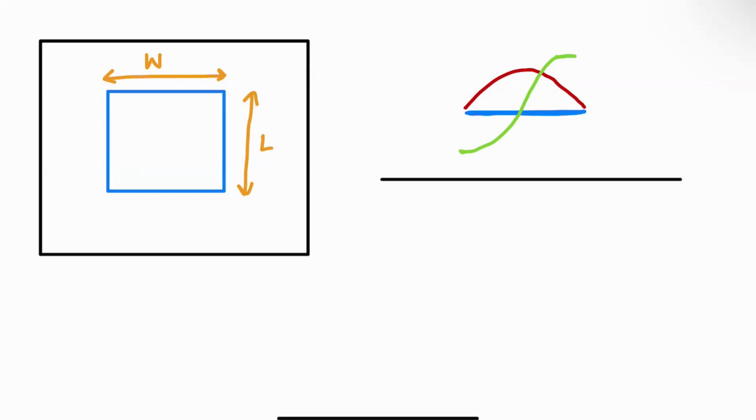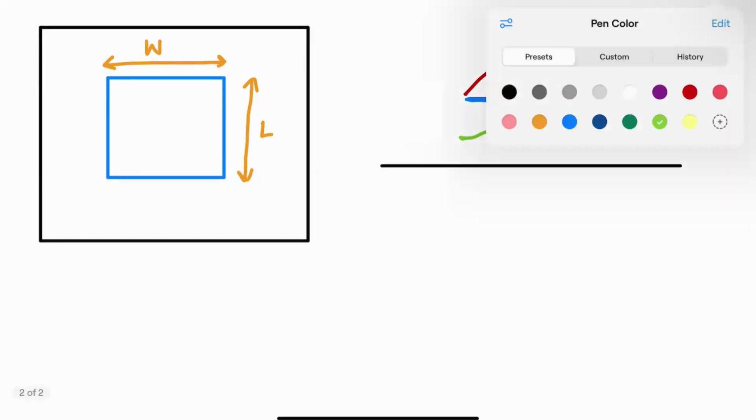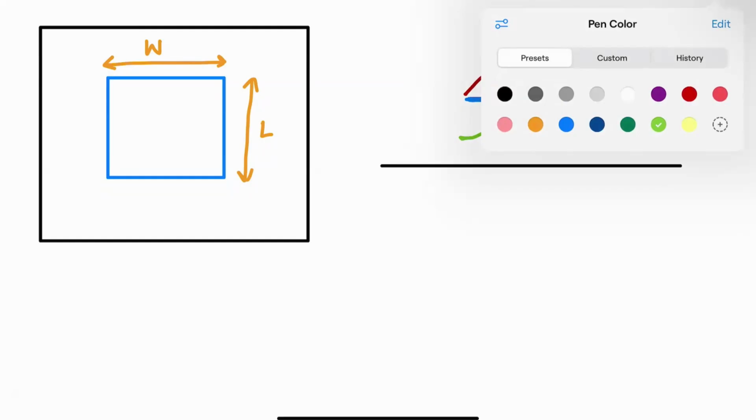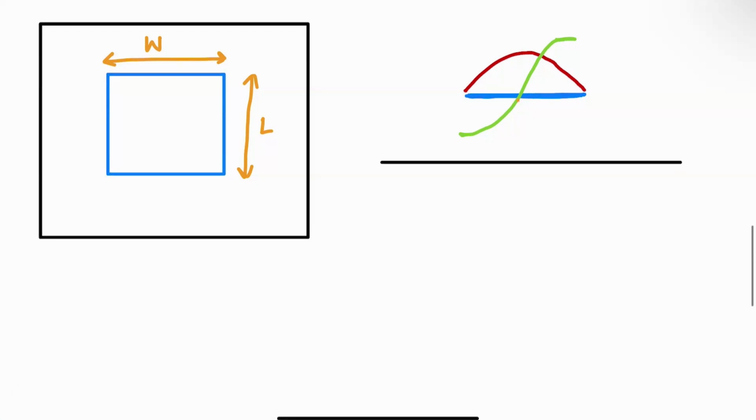Okay, so we can draw the fields. What do the fields look like? Maybe I choose, let's choose orange for the field. Okay, so the electric field, of course, is zero here, right, because the voltage is zero.